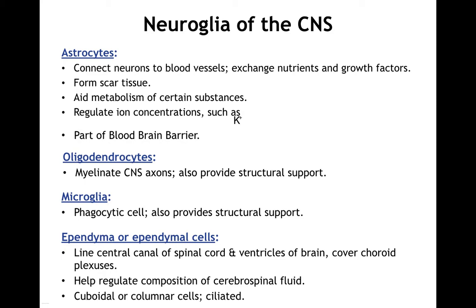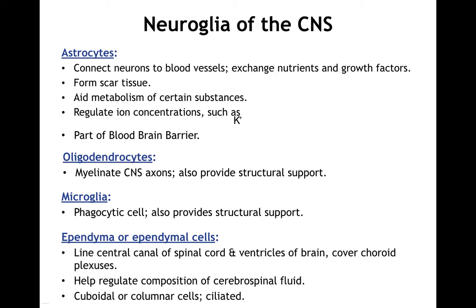Oligodendrocytes are going to myelinate central nervous system axons. And unlike Schwann cells, where many Schwann cells cover a single neuron, one oligodendrocyte can cover several different neurons. Microglia are phagocytic cells similar to macrophages, but they also provide structural support.